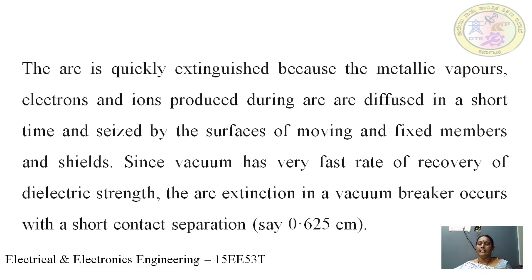Here let us go through how an arc will be quickly extinguished. The arc will be extinguished because the metallic vapors, electrons and ions produced during arc are diffused in a short time and are seized by the surface of moving and fixed members and the shield.